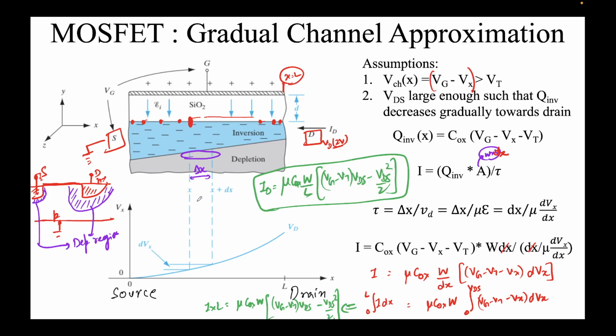Area for this infinitesimal region is W, the width of the device, times the delta x. The time we calculate is the time to transit this region, which is delta x over Vd. Vd is mu times the electric field, low field regime we are talking about, and electric field in this region is simply given by the potential gradient. The rest we just reorganize the terms, integrate from 0 to L, that is the whole length of the transistor, and what we get is this expression.